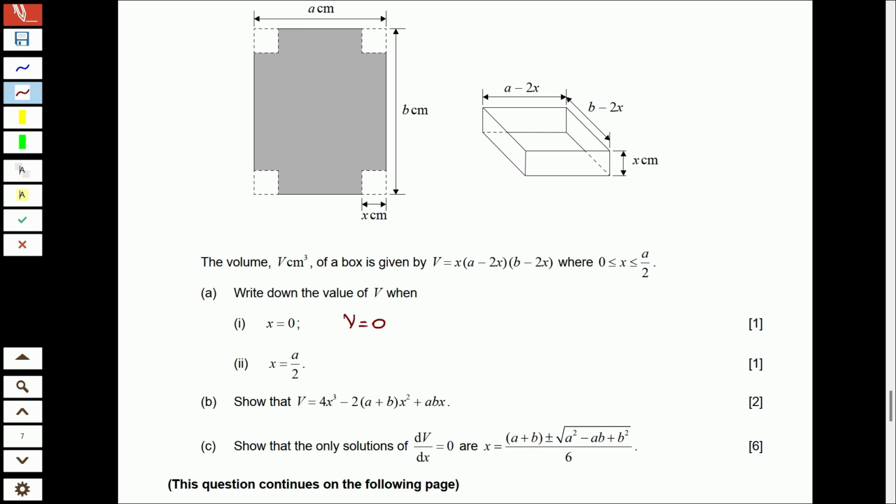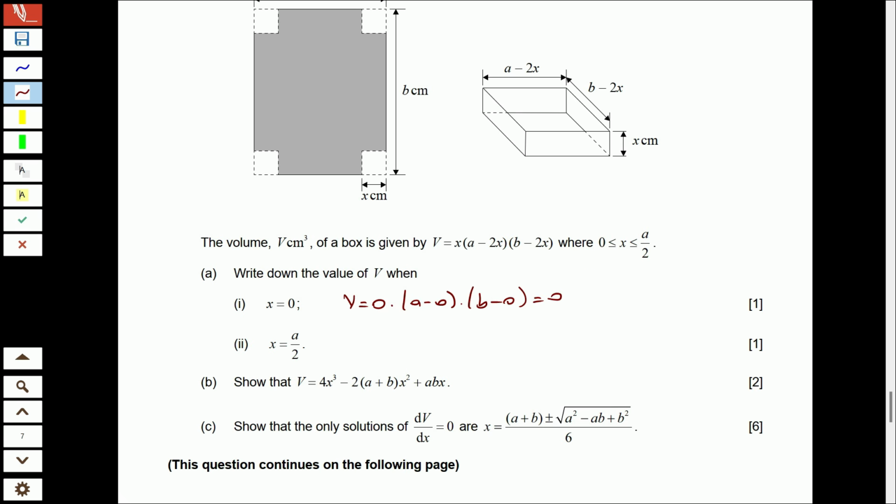When we replace x with 0, you will see that the volume will be 0, right? Because it's gonna be 0 times, yeah, this will give us 0. And again, in the same manner, if you replace x with a over 2, let's replace it. a over 2 times a minus, it's gonna be a times b minus 2 times, again a, will give us 0 too.